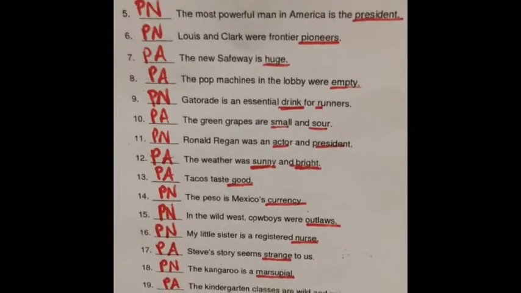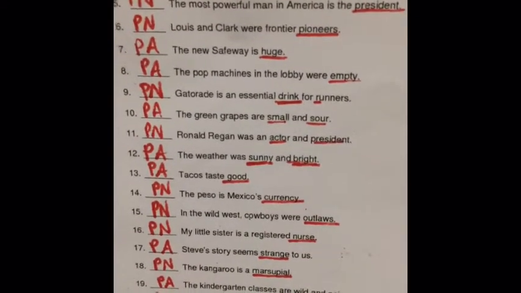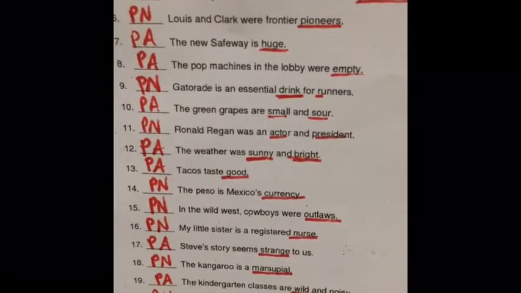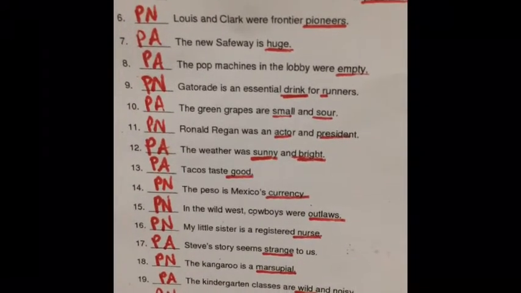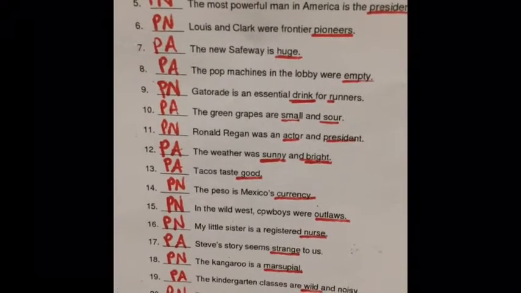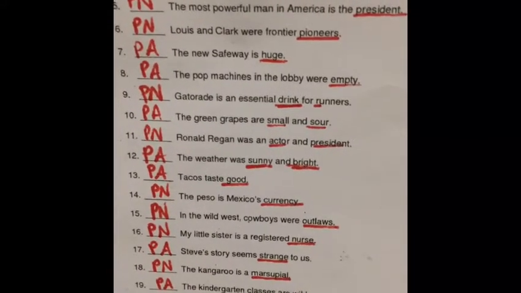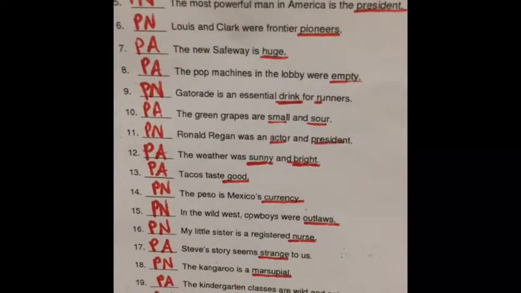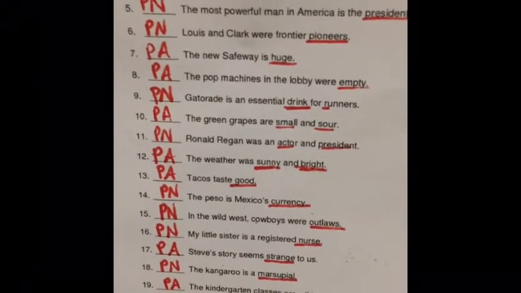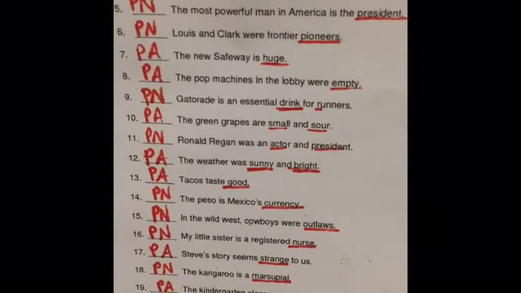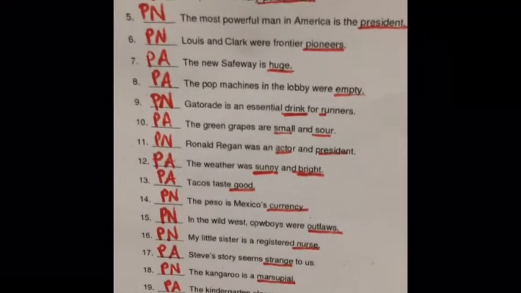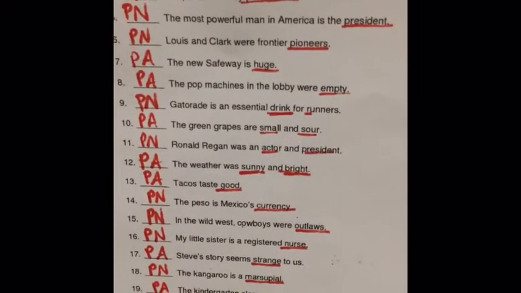Number 11, that is the same kind of thing. He is an actor and president, so both of those are just predicate nominatives. Number 12, sunny and bright, both describe the weather, so they are predicate adjectives. Number 13, predicate adjective. Number 14, the peso is Mexico's currency.